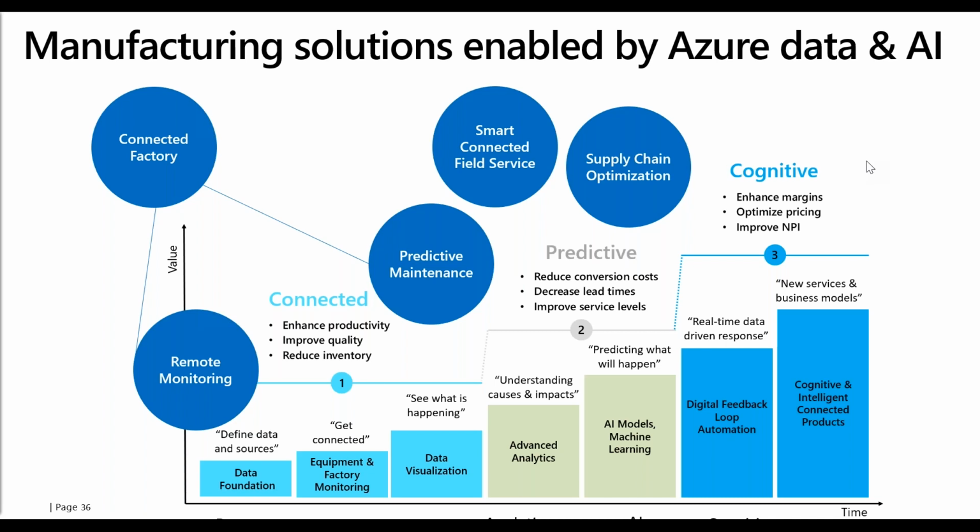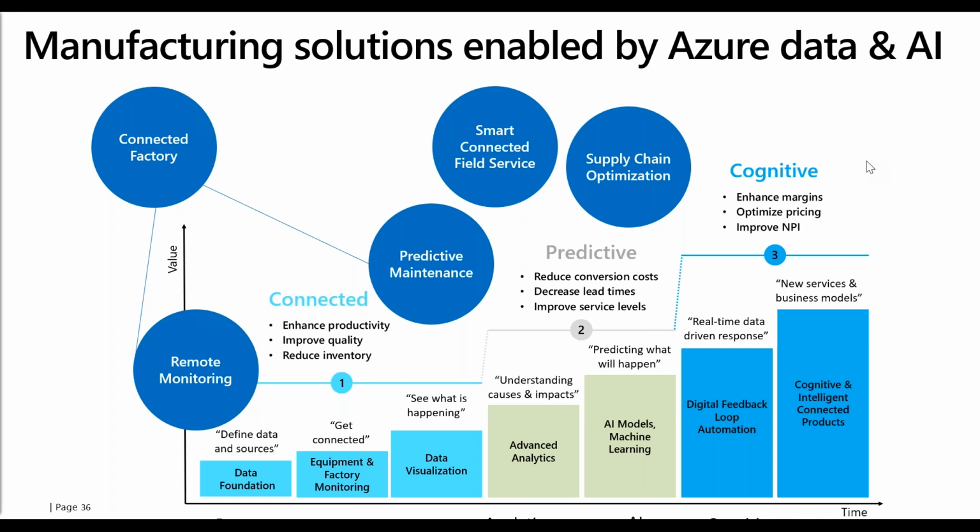Now, we talked about a couple of different things here. We talked about remote monitoring, connected factory, predictive maintenance, connecting field service, supply chain optimization. What we tried to show here is where these things fit, where the value is, and how far you need to be from a data maturity perspective to be able to think about these solutions. A really good example is connected factory.